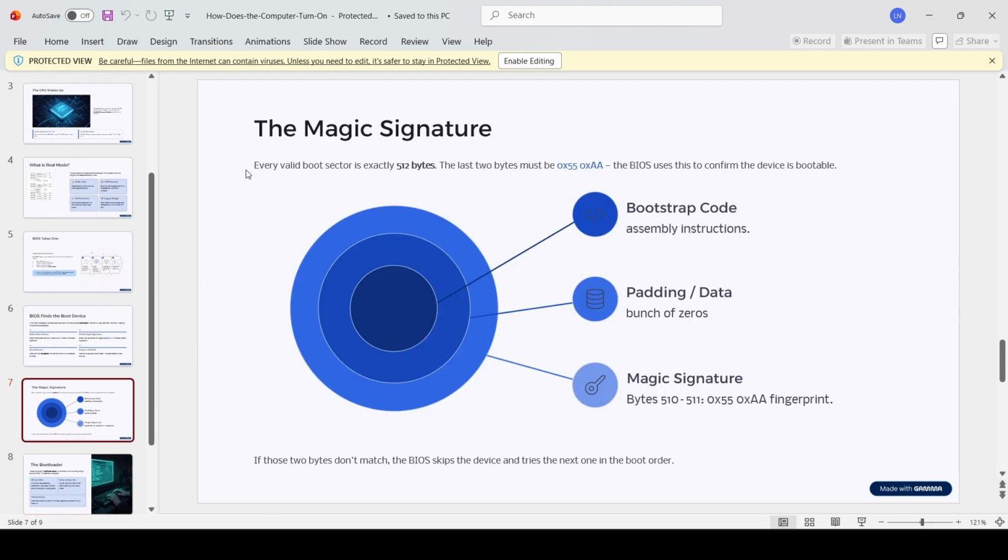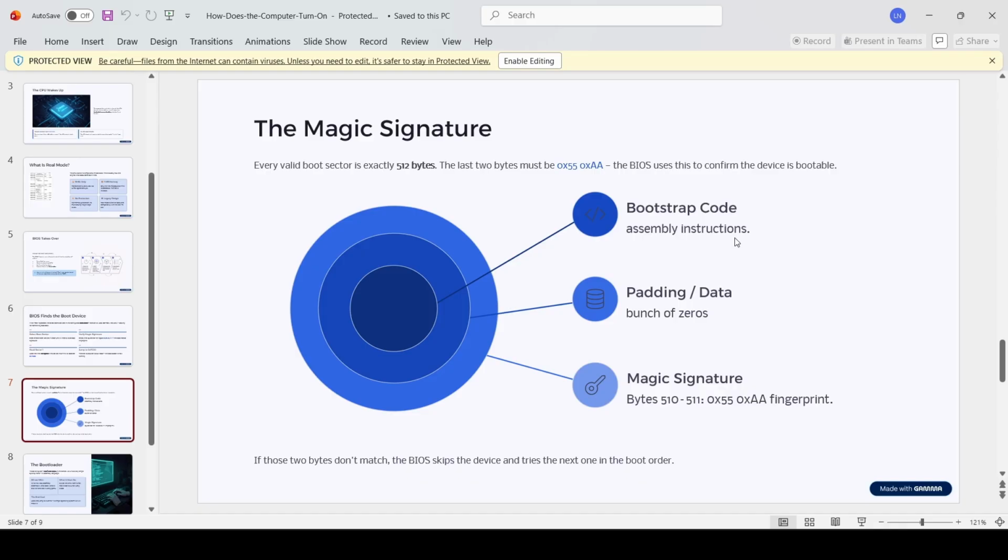This slide is not that important, and I have already discussed it. It basically tells what the bootloader code consists of. Firstly, it will have some assembly instructions, which are the main bootloader program.